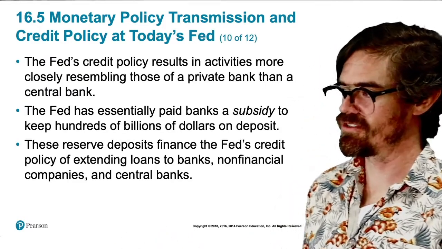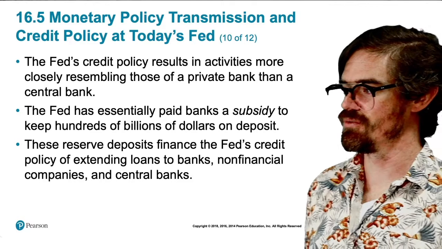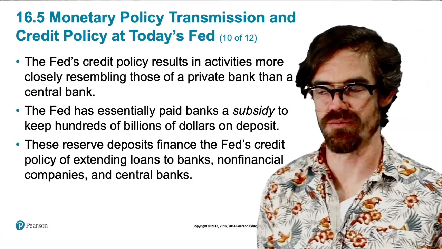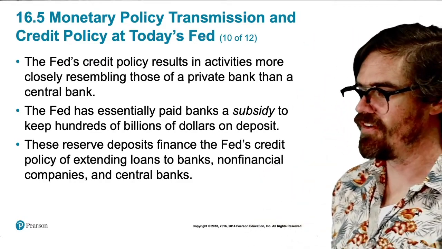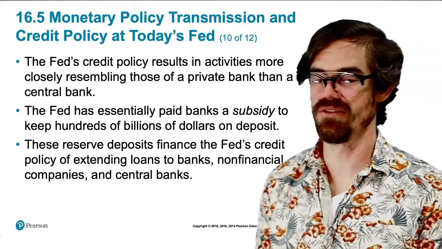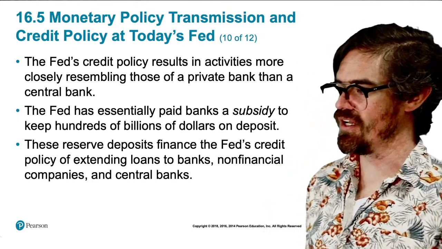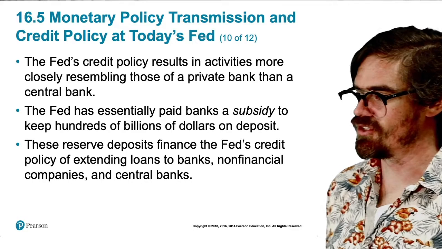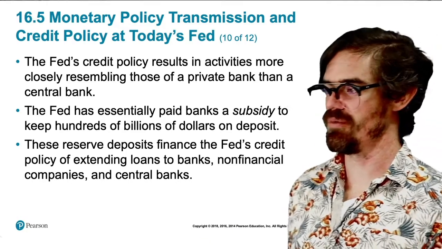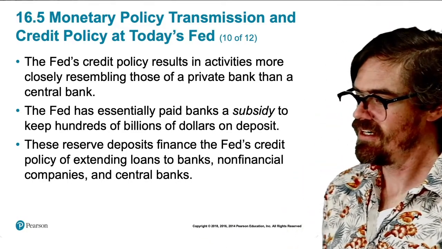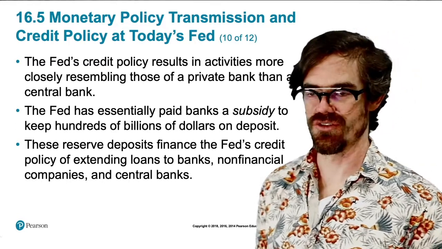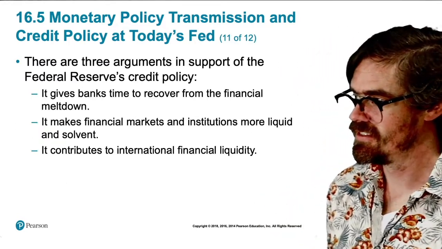And the Fed's credit policy results in activities more closely resembling those of a private bank than a central bank, actually. The Fed has essentially paid banks a subsidy to keep hundreds of billions of dollars on deposit. And these reserve deposits finance the Fed's credit policy of extending loans to banks, non-financial companies, and other central banks. So that's pretty interesting.